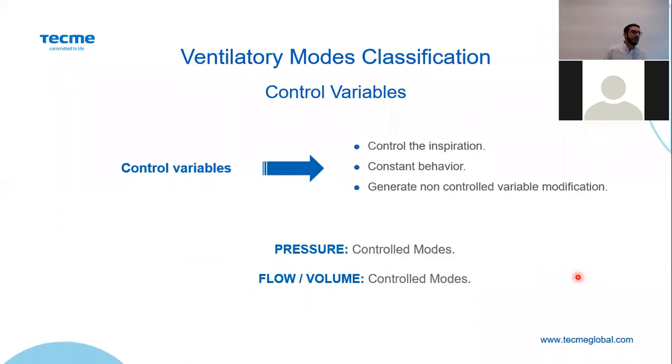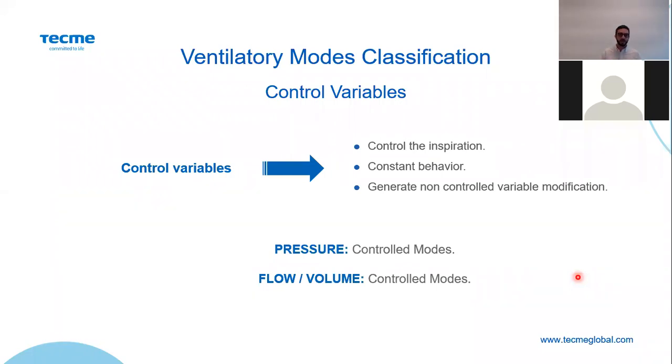So in order to give you a clear classification of the different ventilatory modes, we are going to introduce some definitions which are really important to have in mind in order to determine the ventilatory mode.